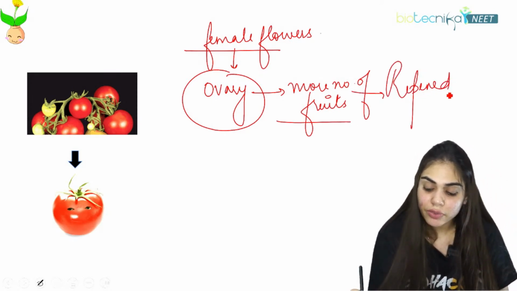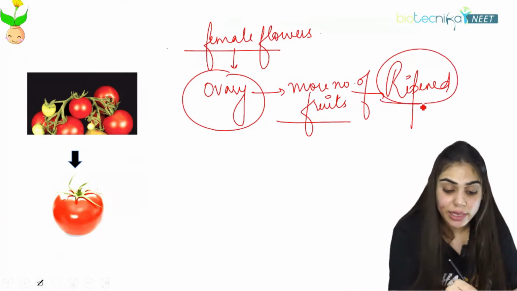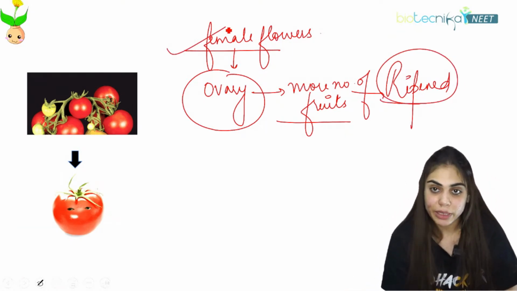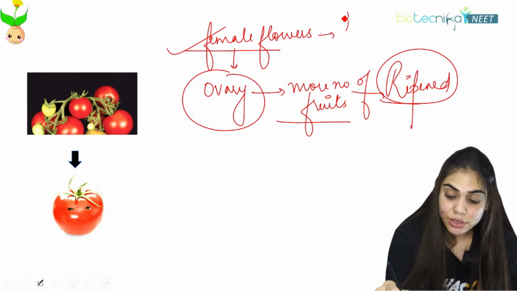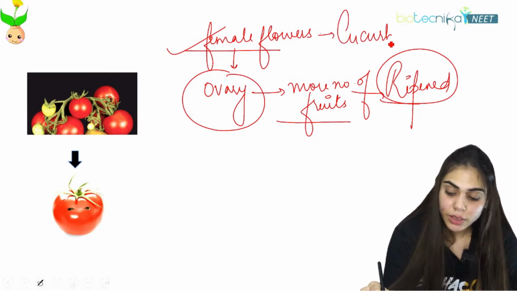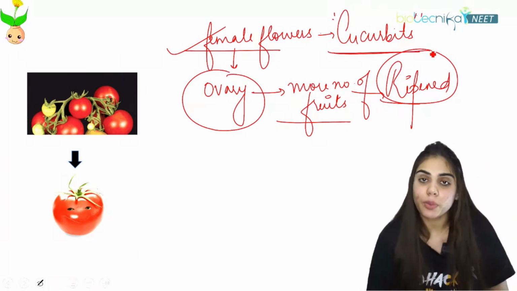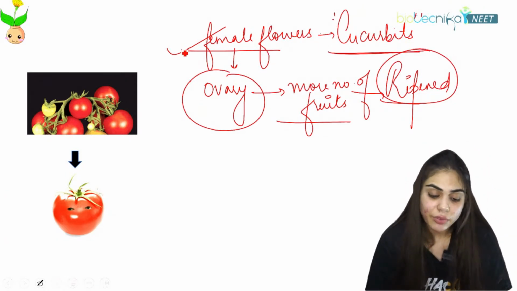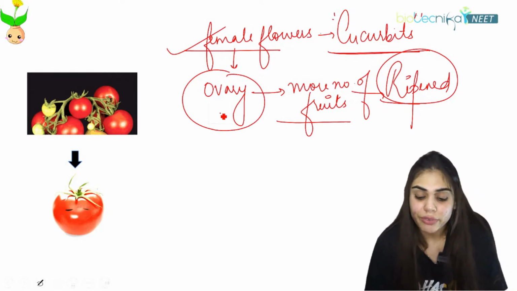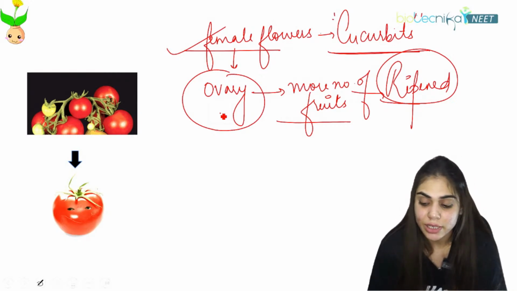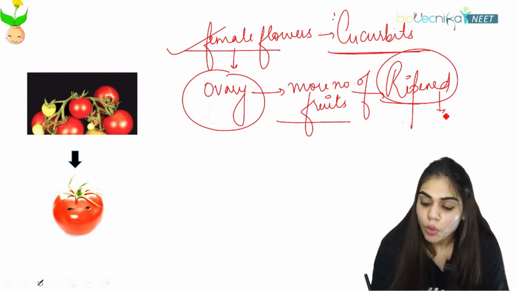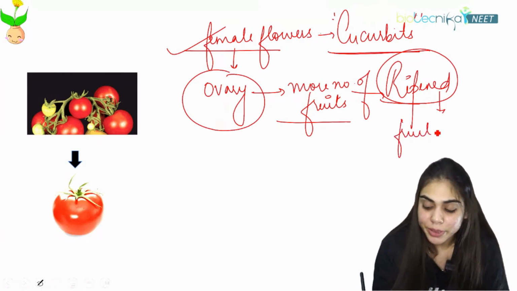So this is one of the advantages of ethylene, that it helps to promote the formation of female flowers, and this is seen in the case of cucurbits. In cucurbit plants, the Cucurbitaceae family, it promotes the formation of female flowers that will have an ovary. This ovary will enter the fertilization stage and will give more number of fruits that will be ripened.